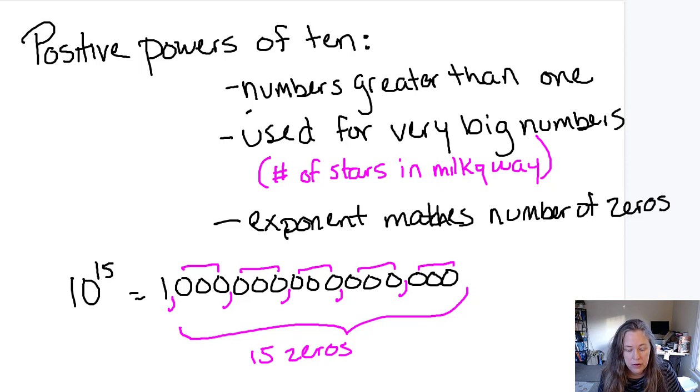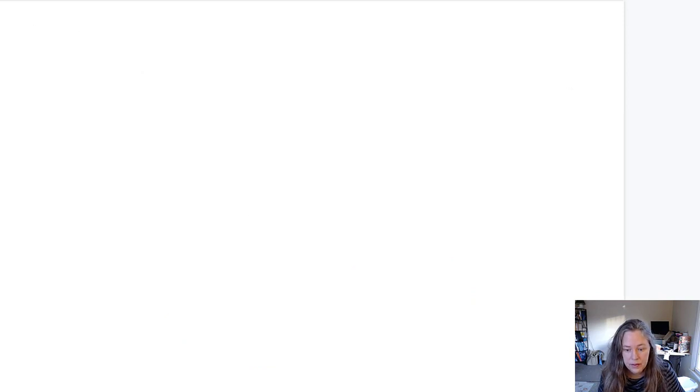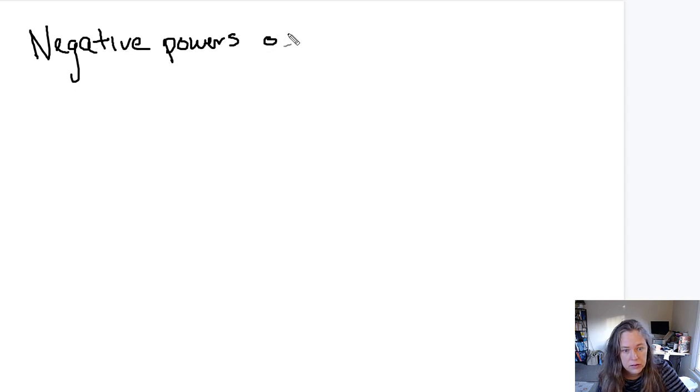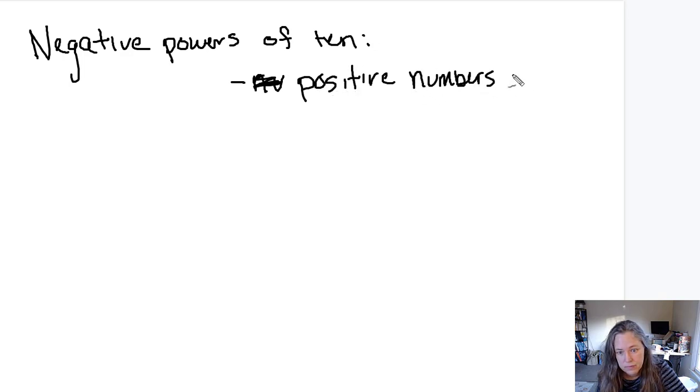Okay, and so I'm going to erase. Negative powers of 10 are numbers less than 1, positive numbers less than 1. I can't erase that, so I'm just going to go like this. So these are decimals and fractions.